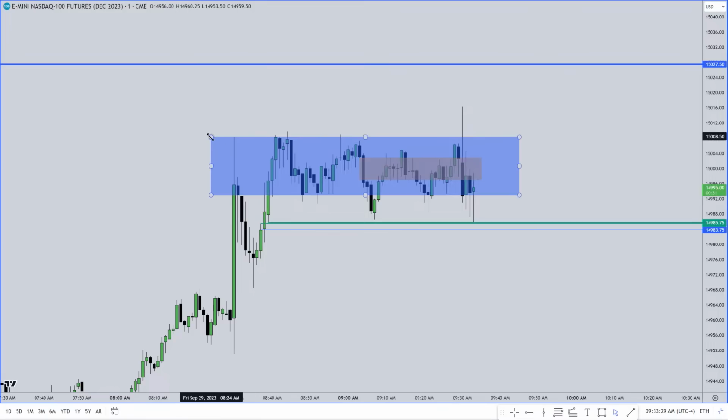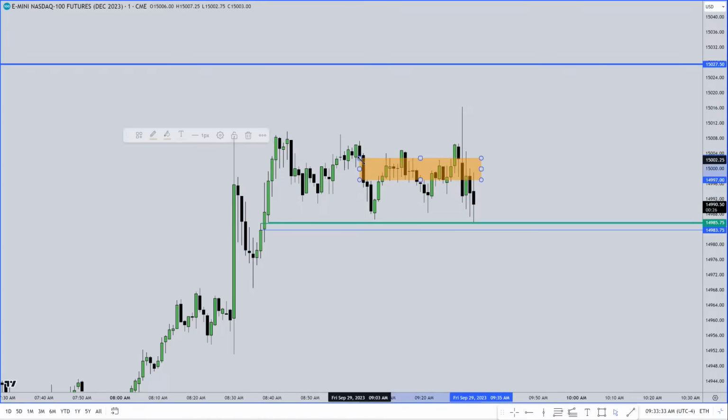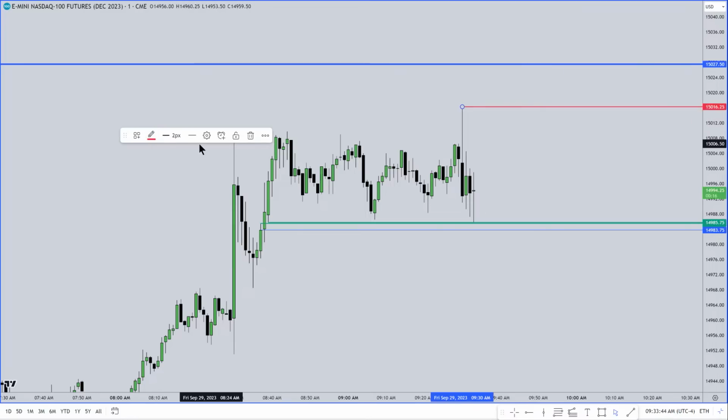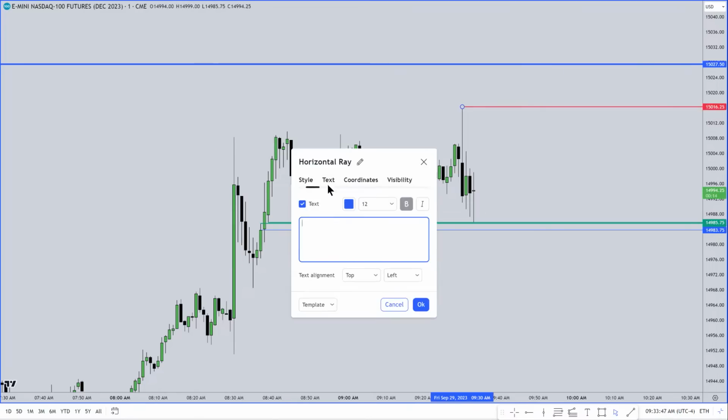I'm going to take this rectangle off because it's already done what I needed to do, and I'm going to take this off because it's already served its purpose. So I'm going to show you, this is where buy side is at the moment.